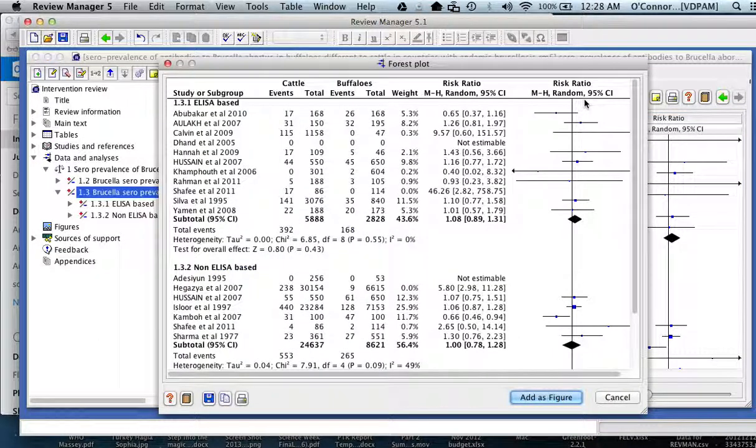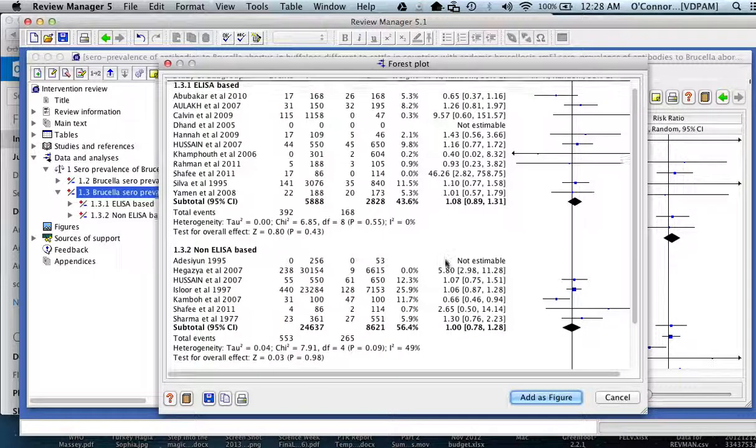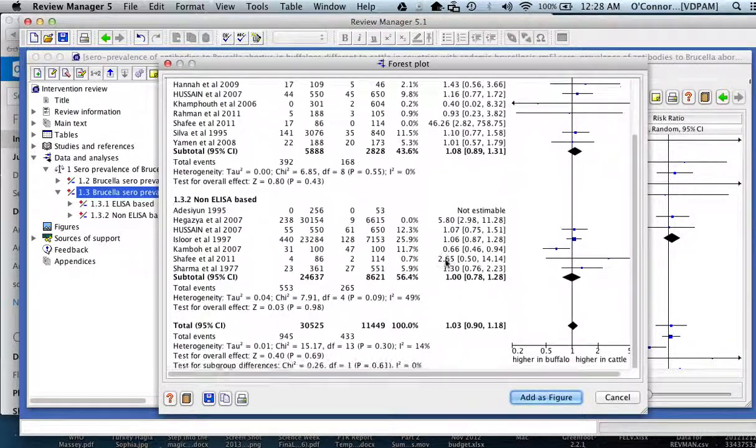Because one of the really interesting things is, what is the heterogeneity? But if I remove those two outliers, what we see, if we look at the subgroup differences, is there's no evidence that the estimates are different between ELISAs versus non-ELISAs. We get that from this p-value and this I-squared.